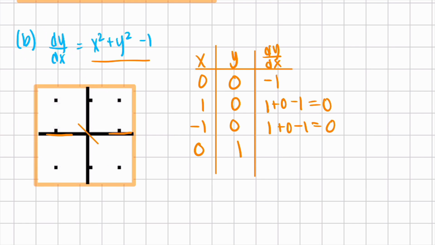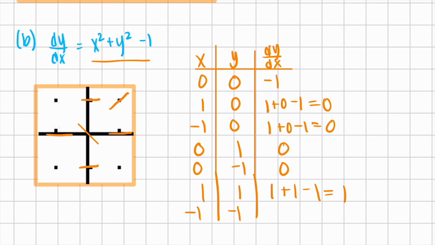If we do 0, 1, that's also going to be 0. 0, negative 1 is going to be 0. 1, 1, that's going to be 1 plus 1 minus 1, which is 1. And negative 1, negative 1, that's also going to be 1 plus 1 minus 1 after we square those, so that's going to be 1. And it's going to be the same for 1, negative 1, and negative 1, 1.